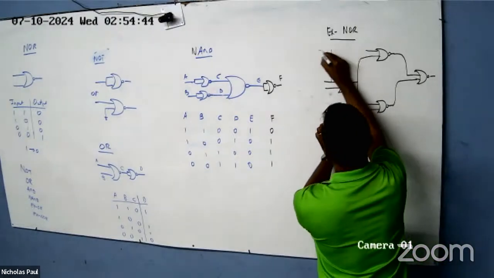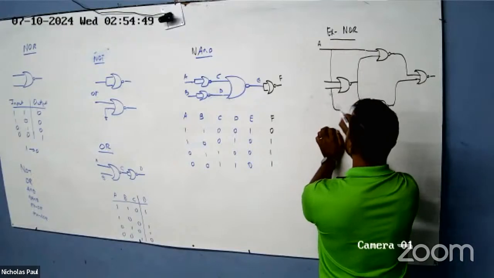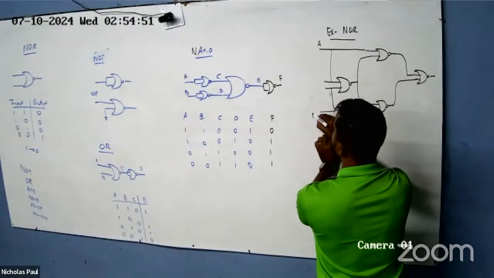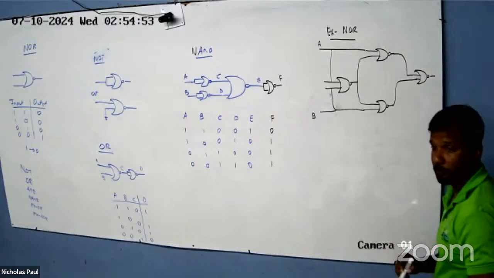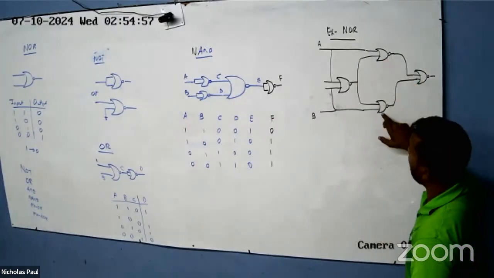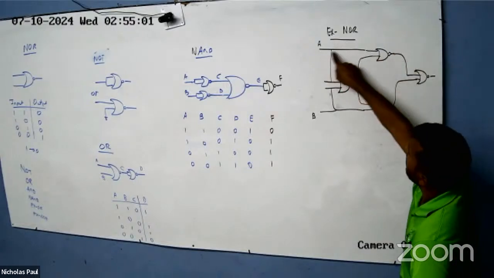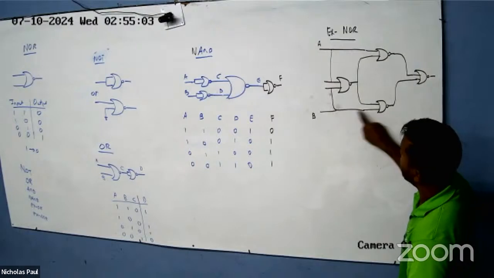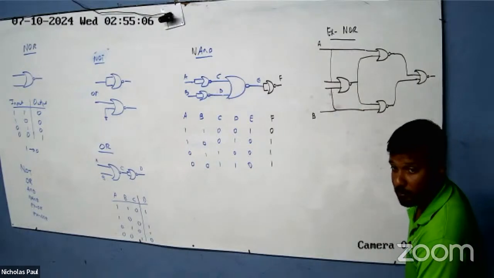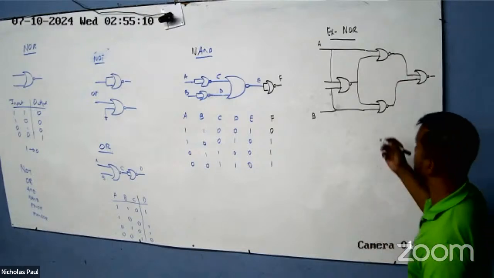If the initial input here is A, the one down here is B. So it looks like that: 1, 2, 3, 4. These two outputs go here. A goes here and here, B goes here and here. That's okay? It'll take a little while for you to remember it.